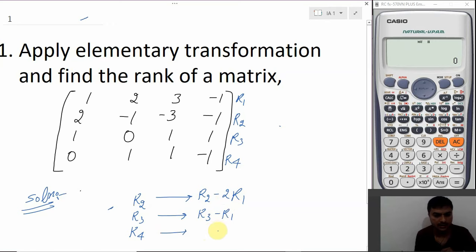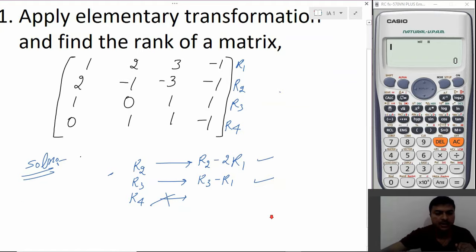And next we can see R4 is already 0. So what you have to do, never take R4, because it's already 0. If you subtract again, it is going to become not 0. So only 2 operations you have to do in the first step.